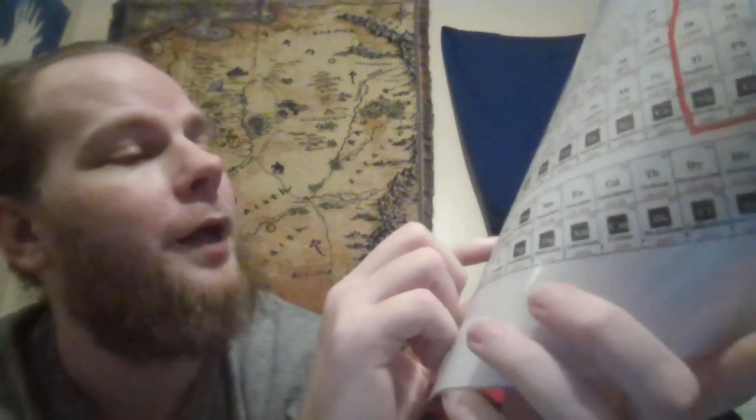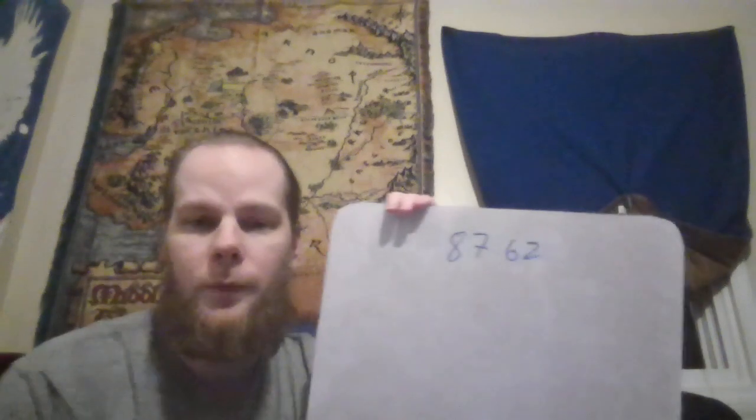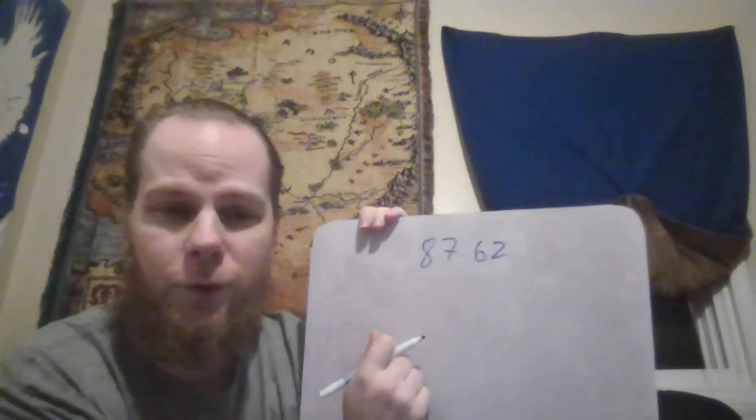To get the most common isotope for strontium, we take this red number at the bottom, which I can't read. It's 87.62. Okay, that is the average atomic mass, not the most common isotope. The average atomic mass, 87.62. Okay, and I'm going to pause so I can write that down. Okay, 87.62.